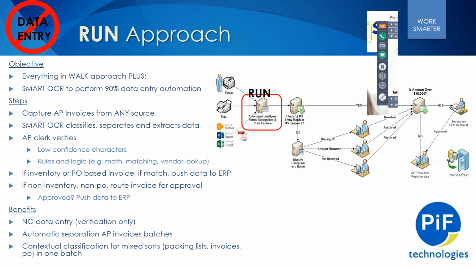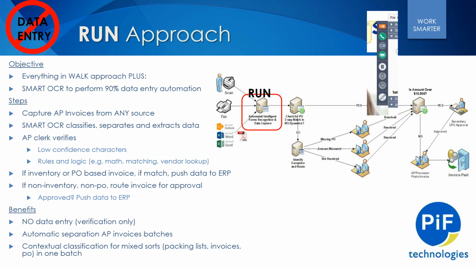That data then goes to an AP clerk for low confidence character verification, as well as any fixing of rules. So we're actually pulling data, PO data, inventory data from your ERP, and we're doing the mathematical equations, ensuring that subtotal plus tax plus freight equals the total amount, as well as all the line items, quantity times unit cost equals total cost.